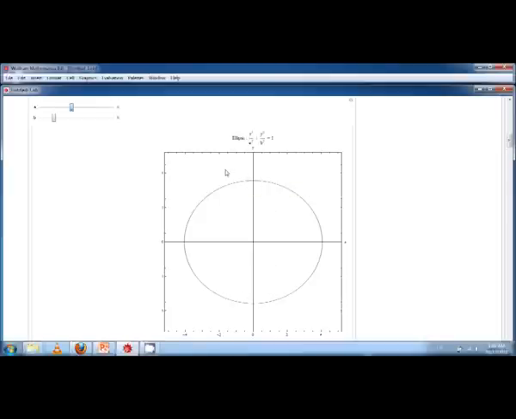Now recall that the major axis is the longer between these two, length and height, and the minor axis is the shorter one. So in this example, the major axis is the length over the x-axis, and the minor axis is this height over here.